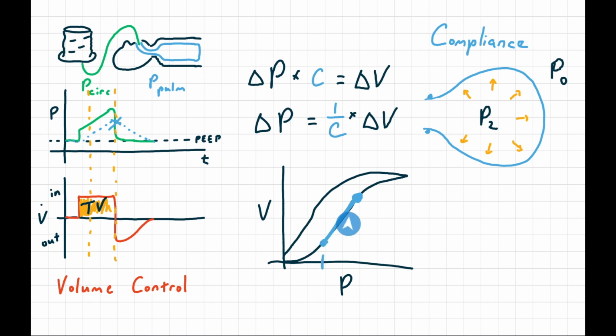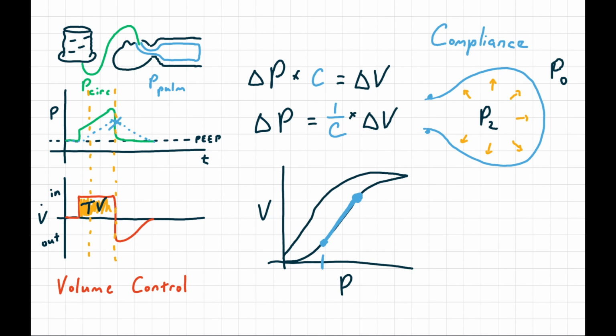Where this lower limit is, and where this higher limit is, we'll get into a bit more when we talk about spirometry and ARDS in a future lecture, but for the foreseeable future, just like we did for resistance, we're going to assume that we're staying within this linear compliance domain.